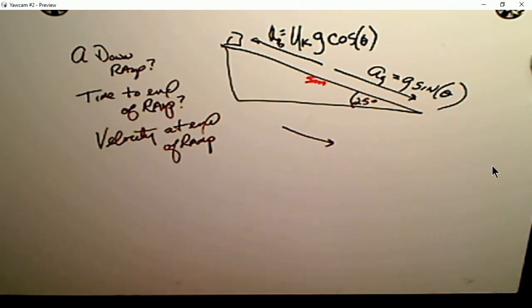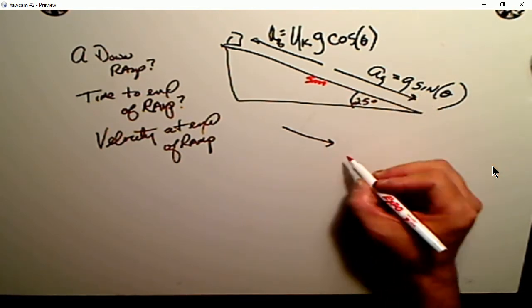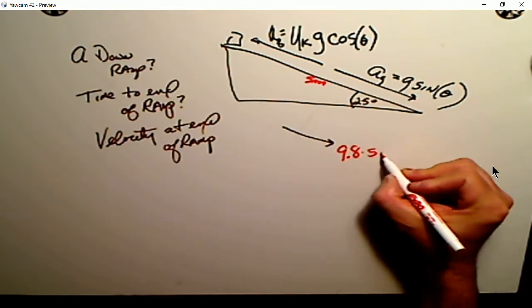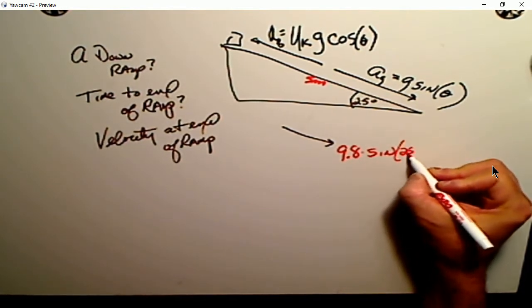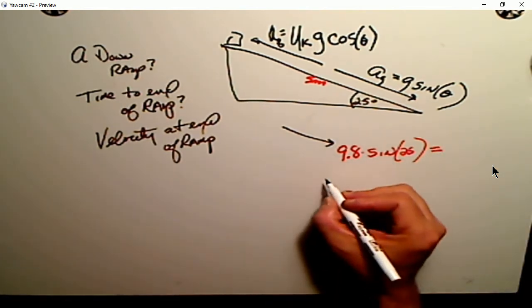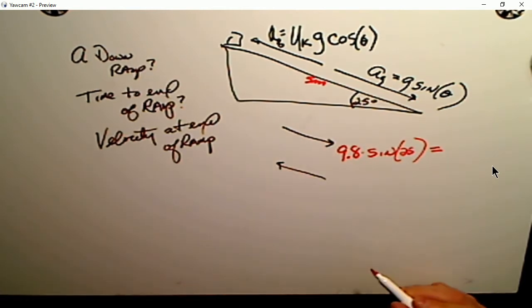The acceleration down the ramp is 9.8 times sine of 25. The acceleration up the ramp would depend on my coefficient of friction.